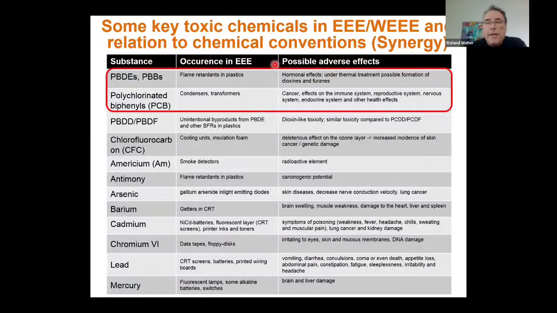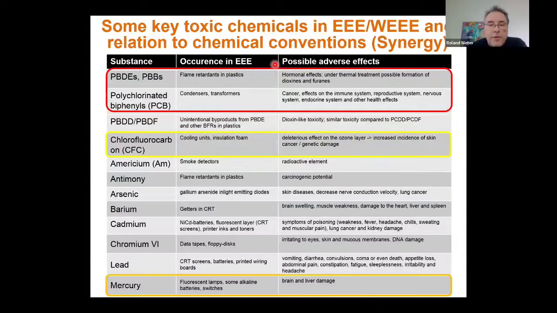And it is not only PBDEs which are pollutants in the e-waste, but some e-waste also contains polychlorinated biphenyls. Some contains chlorinated paraffins. We have chlorofluorocarbons, CFCs, and HFCs and HCFCs, which are ozone-depleting substances and greenhouse gases, especially in air conditioners.